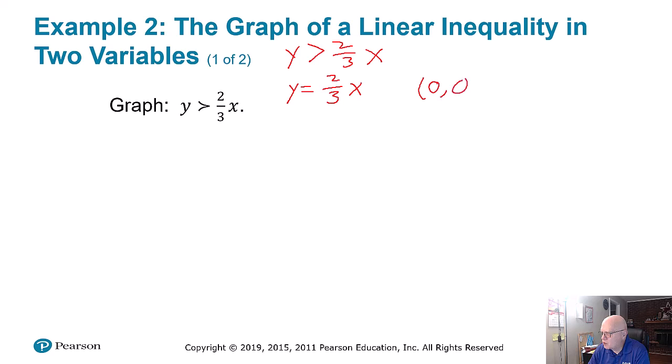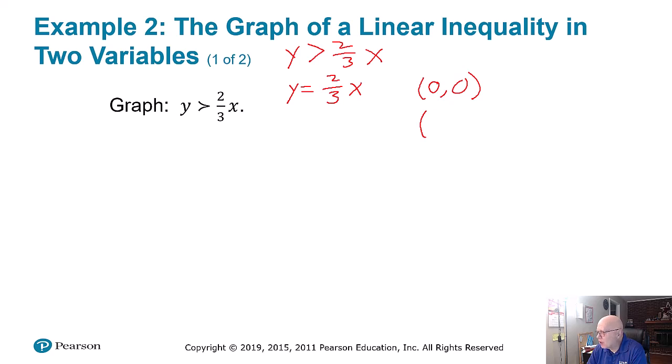Well, right off, if I put 0 in for x, I get 0 for y. So there's 1 point. Unfortunately, not only is that the x-intercept, but it's also the y-intercept. So I need another point. Well, what am I going to do? Well, this is pretty nicely set up, this equation. So all I have to do is pick an x, multiply by 2/3, I've got the y that goes along with it.